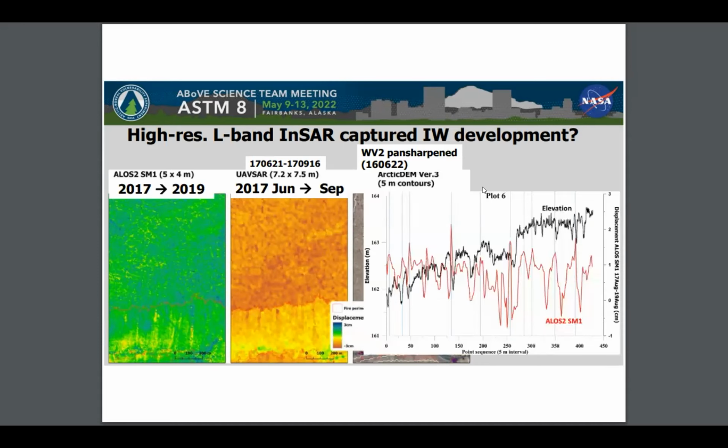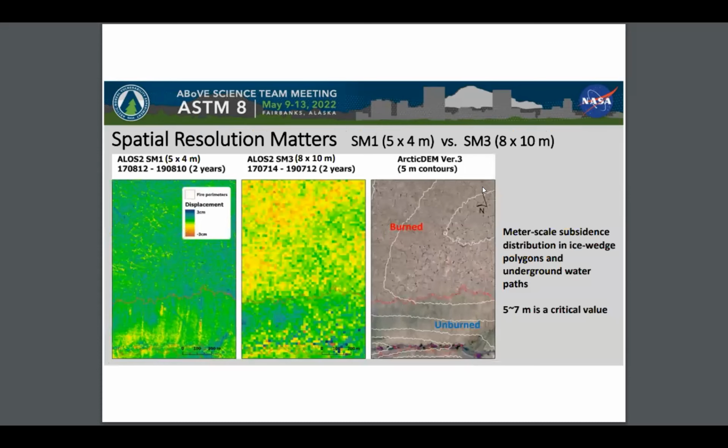If we compare with the microtopography, we found large subsidence in the vicinity of ice-wedge polygon lines, not in the trough, but in the vicinity of the trough. If we worsen the spatial resolution from 5 meter to 10 meter, you don't see any detail of the spatial pattern like we can see on the left side.